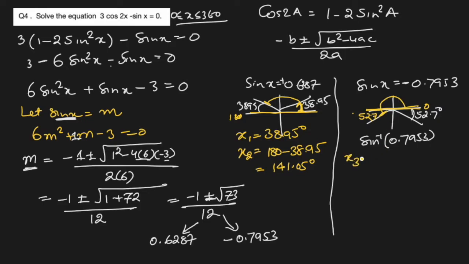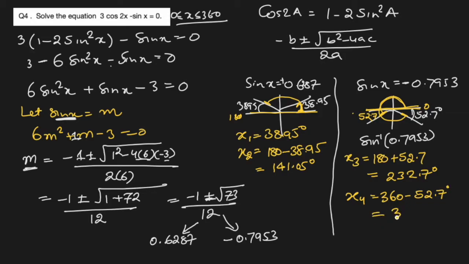So x3, the third answer, will be 180 plus 52.7 degrees, which is 232.7 degrees. Fourth answer, start from 0 again, go till here. So this one is 360 minus 52.7, so it will be 307.3.